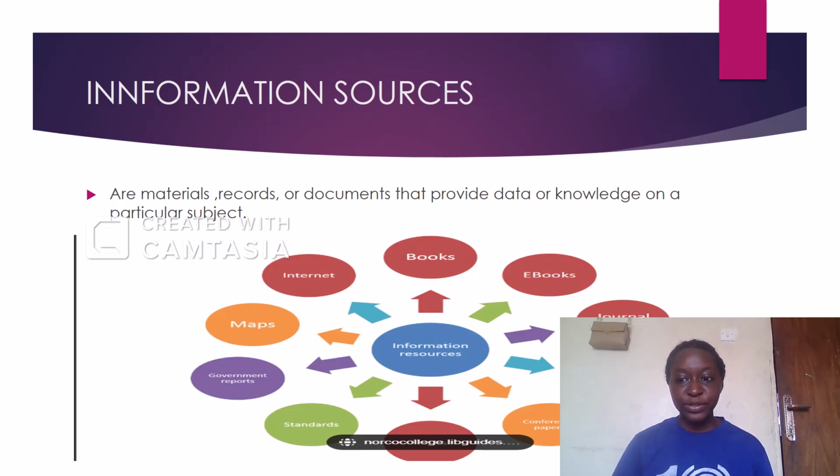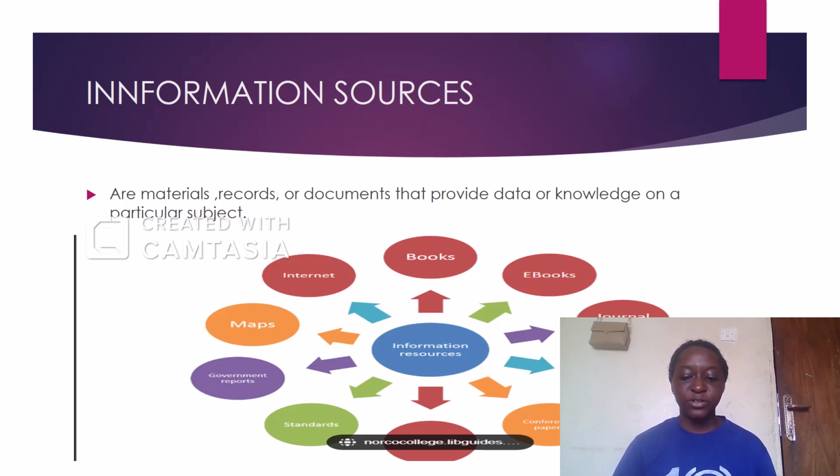A primary source is a direct piece of evidence of a particular event or related to a particular time. We take it that it has not been altered or analyzed. So that is what we call a primary source.